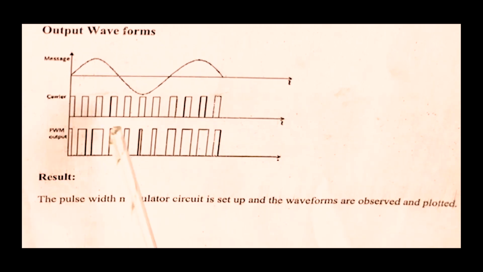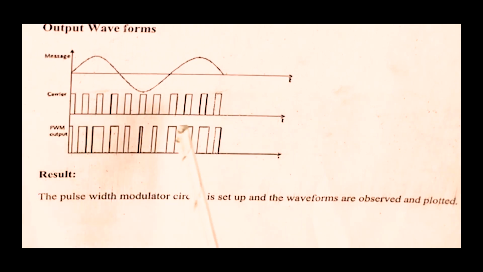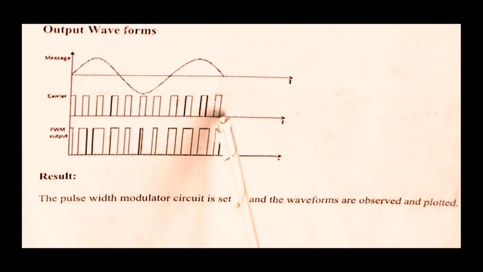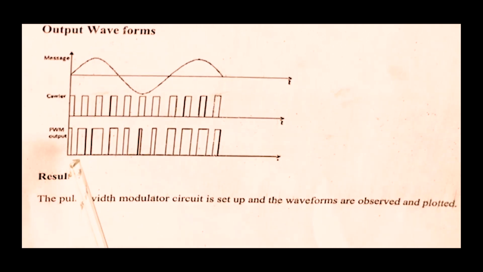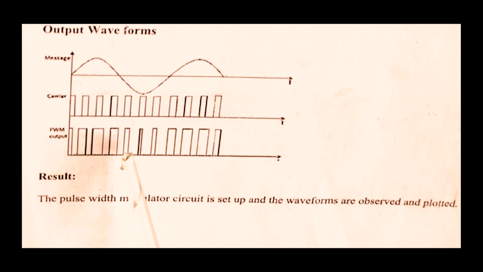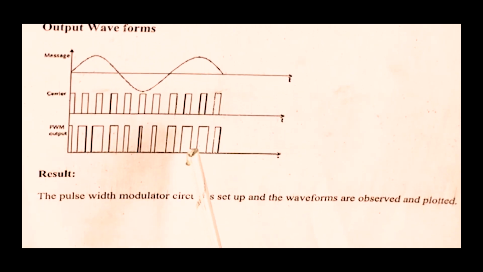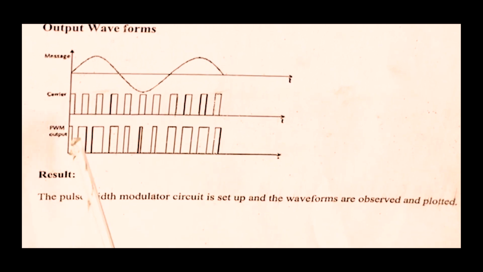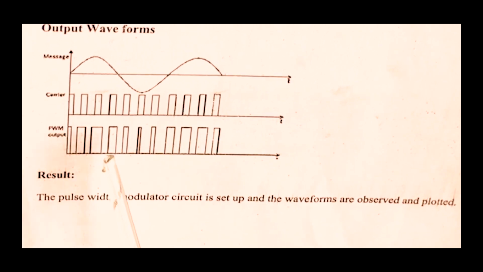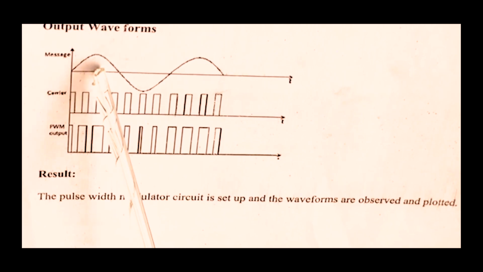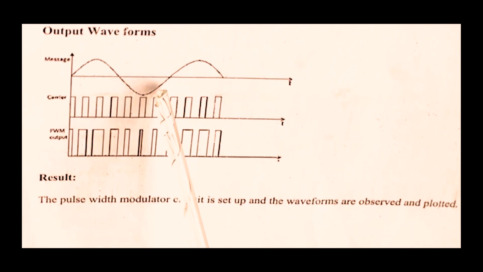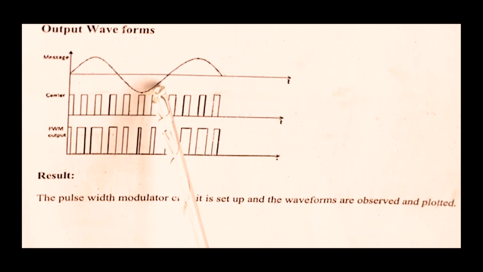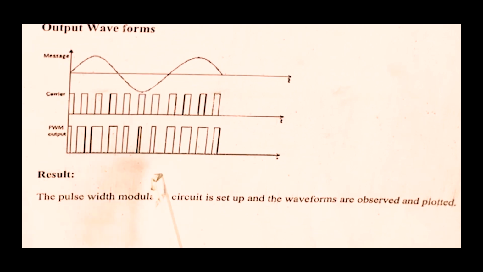Pulse width are same, separation between pulses are also same, but with the input signal you can see that the width of the pulse gets modulated, and this is the pulse width modulation. Where the amplitude is high, the width is high, and when the signal swings to the negative side, you can see that the pulse width is minimum.